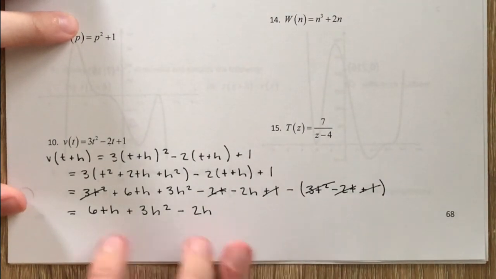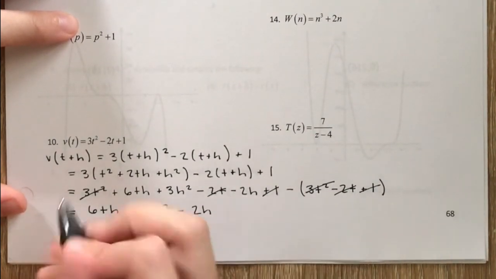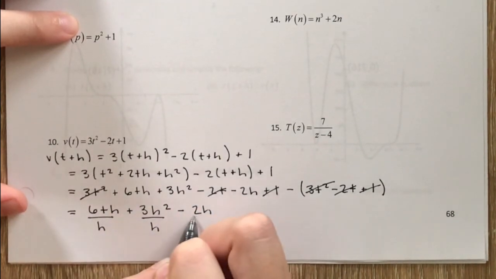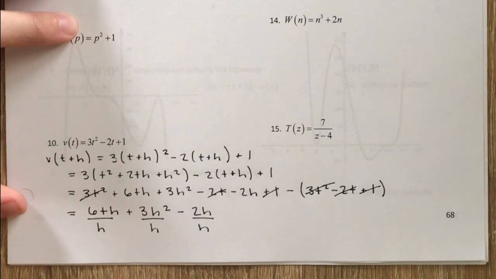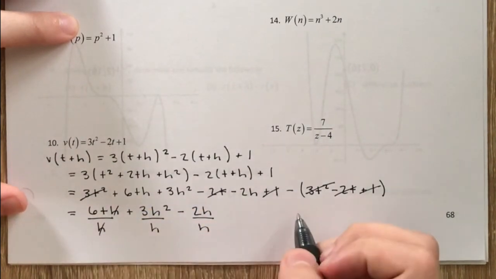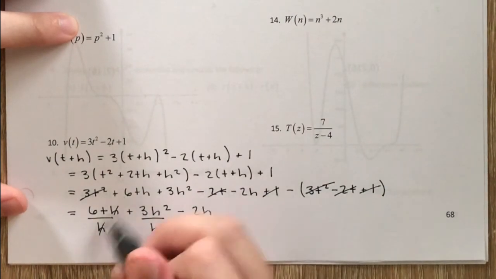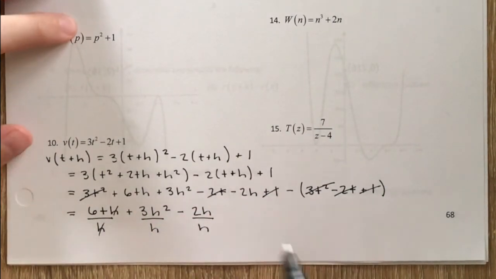My last step is to divide everything by h. So I divide by h, divide by h, divide by h. These h's will simplify, right? So these can kind of undo each other.